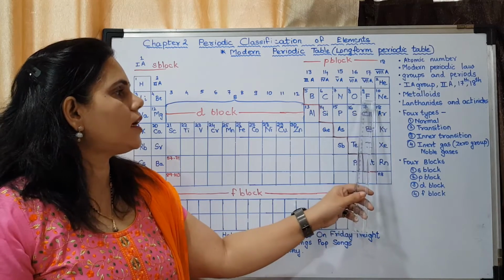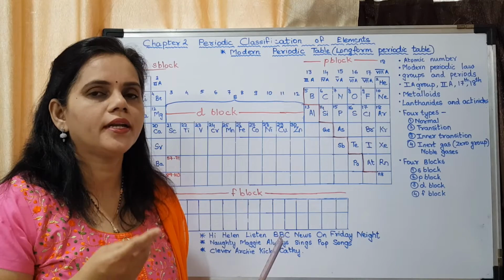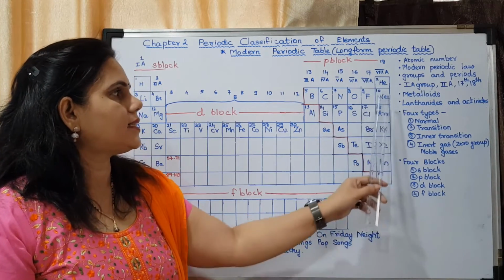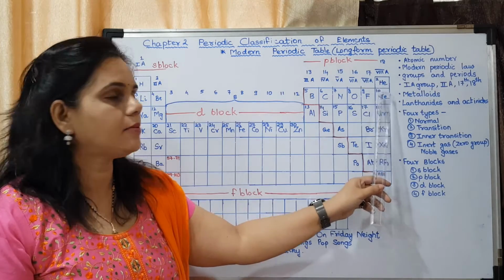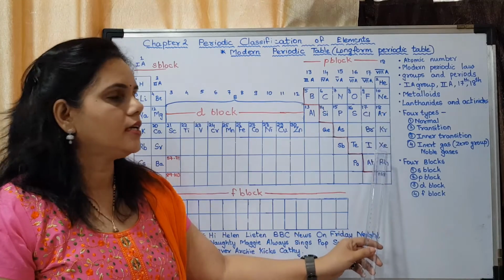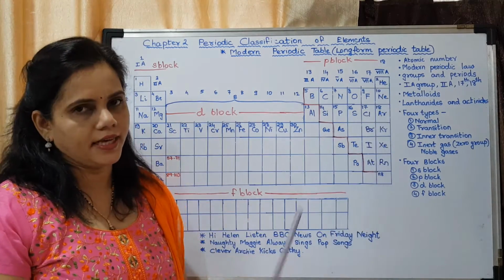You are expected to learn the first 4: fluorine, chlorine, bromine, iodine. Inert gases are helium, neon, argon, krypton, xenon, radon.